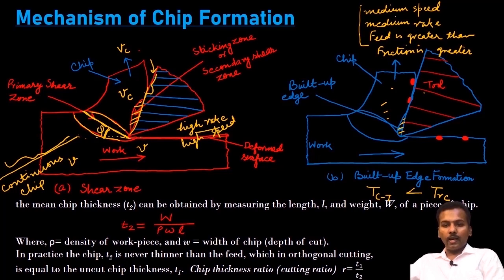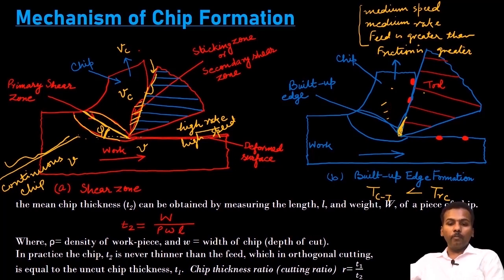Because of the more straining or more deformation, there will be more strain hardening of this material. The hardness of this zone, the secondary zone, will be more than the rest of the chip.